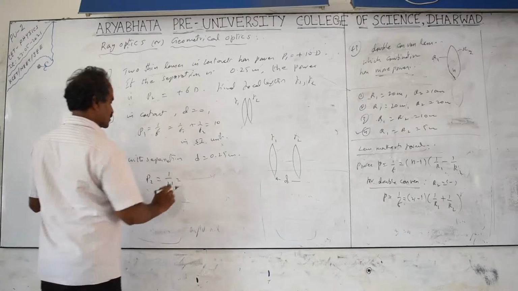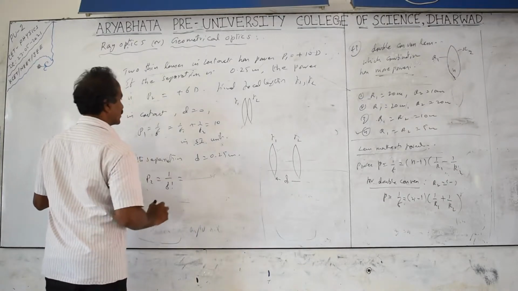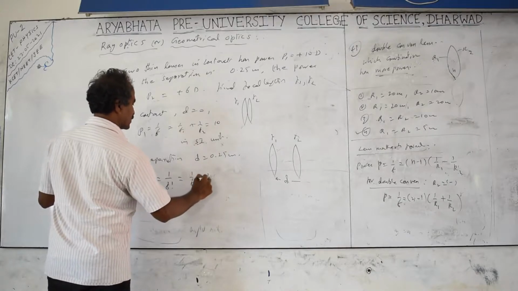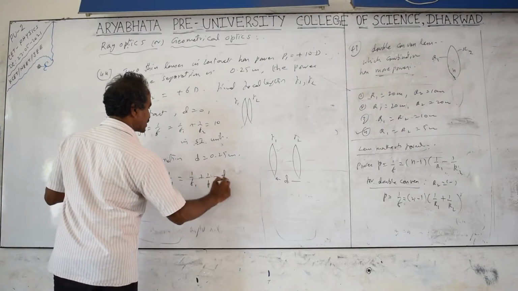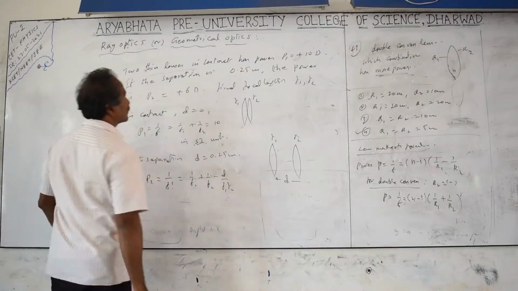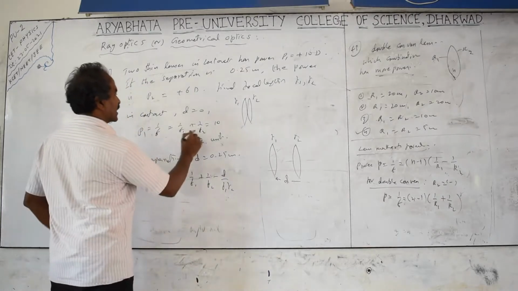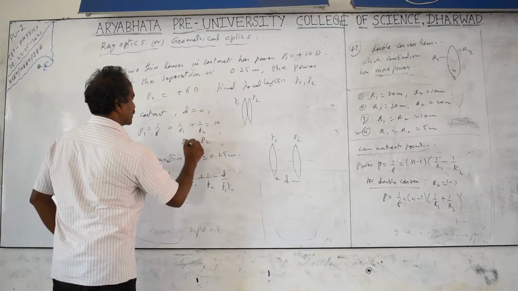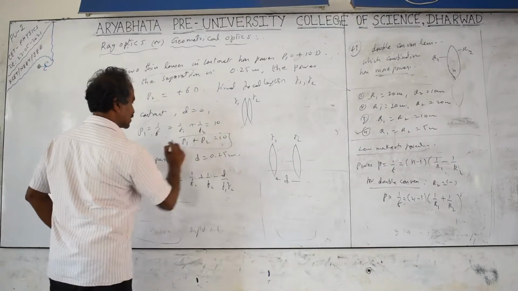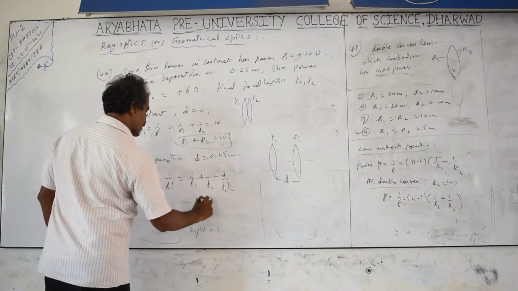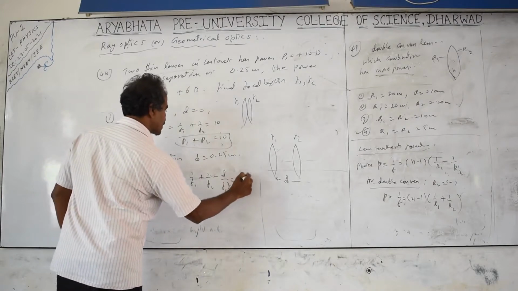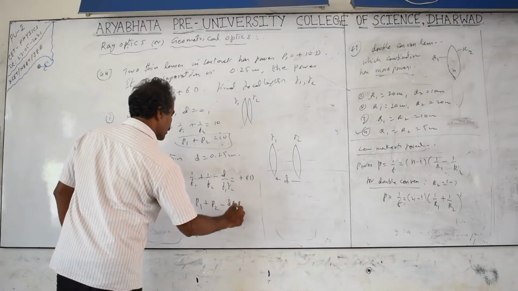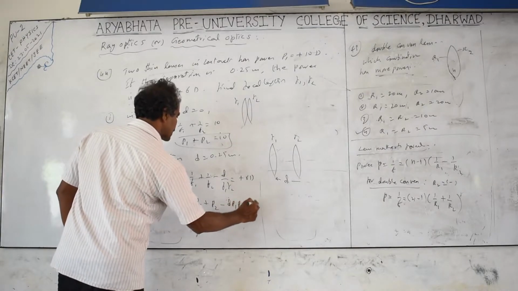Power 2 is equal to 1 by F1 plus 1 by F2 minus D by F1 F2. This can be written as P1 plus P2. P1 plus P2 is equal to 10, one relation. The second: P1 plus P2 minus D into P1 P2 is plus 6 diopters.